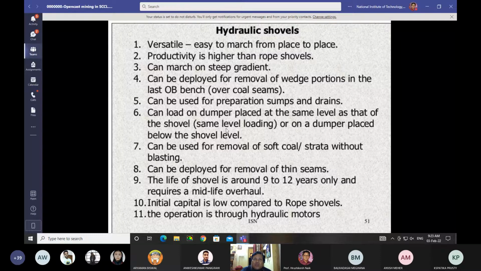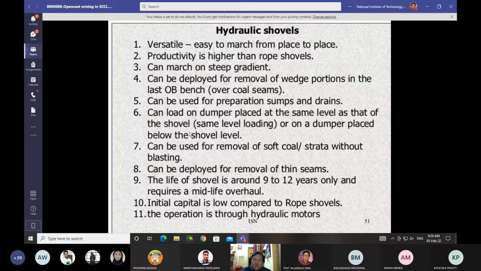The hydraulic shovels can be used for preparation of the sumps and drains. These hydraulic shovels are used for preparation of the sumps where water will be accumulated, and for drains, canals are dug with the help of the hydraulic shovels.